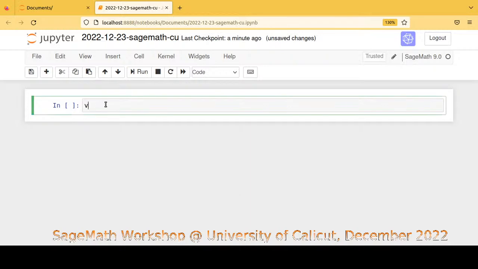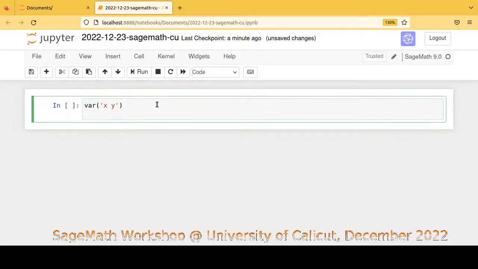Remember another thing, as I told you previously: the variable x is considered an automatic variable in Sage, but y is not. So we need to define the variable y before using it. For the sake of avoiding confusion, we can define both x and y. Let me plot the function f of x, y equal to x square plus y square.